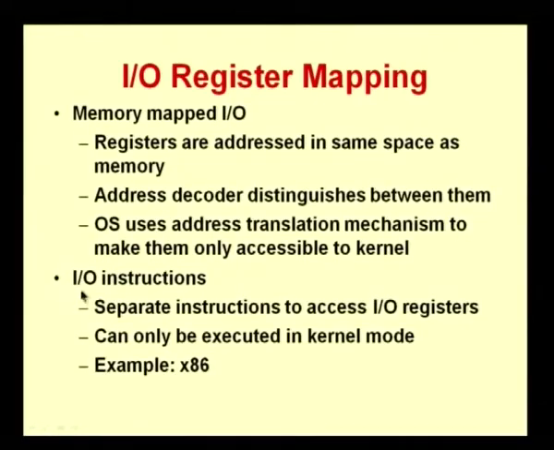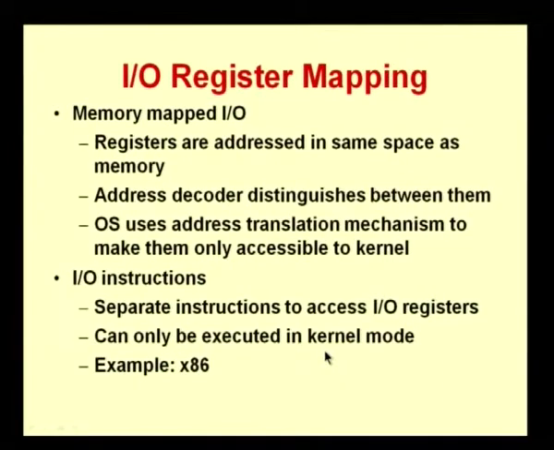The second option is to provide for an IO mapped situation where we have specific IO instructions. That is, there are separate instructions which are available to access input output registers. Remember, when we talked about different types of instructions, we talked about IO instructions, something called the in instruction, out instruction and so on.